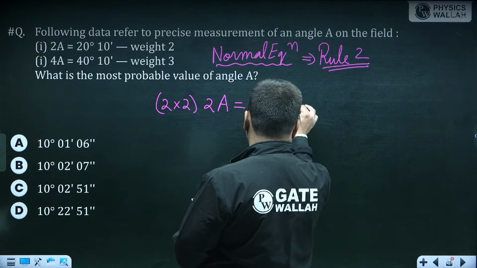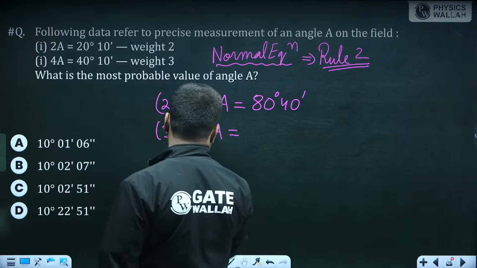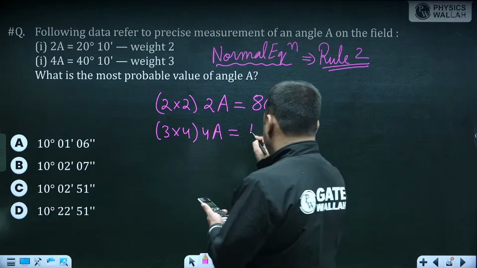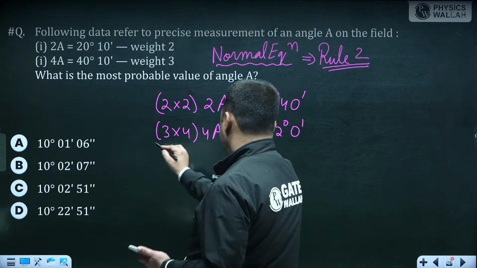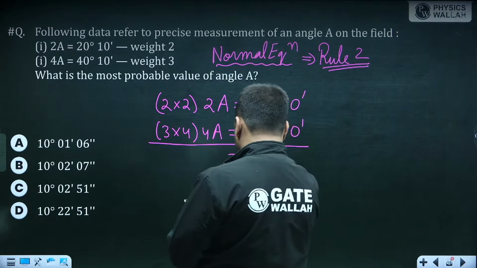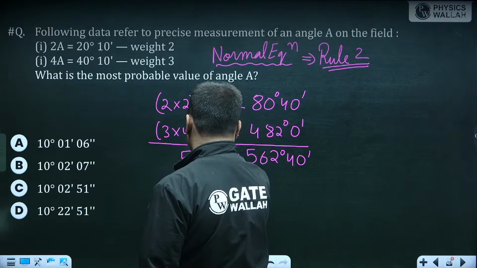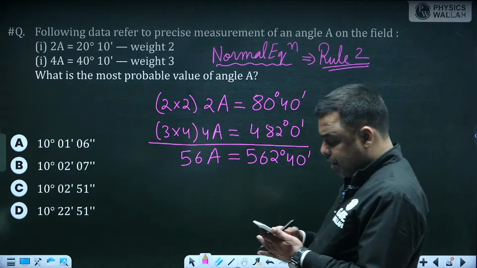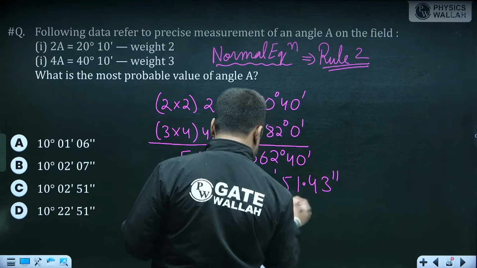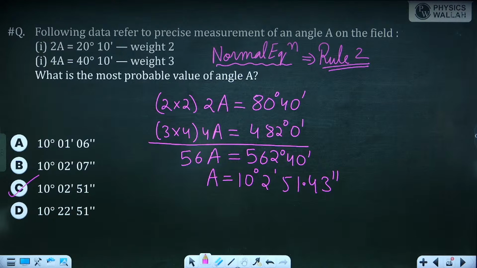So 80 degree 40 minutes. Over here, 3 into 4, 4a. So by 12 into 482 degree 0 minutes. We have to add this. This would be 562 degree 40 minutes. This is 848. So 56a divided by 56. A would be 10 degree 2 minutes 51.43 seconds. Answer would be option C. Answer would be option C, everybody.